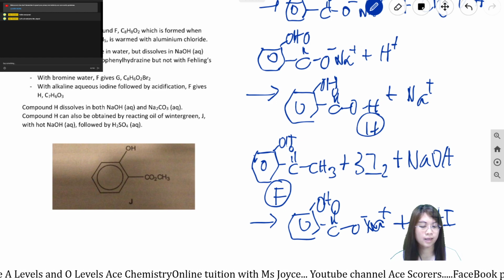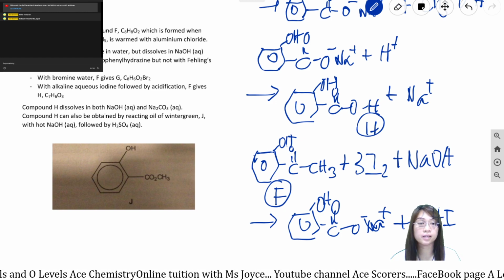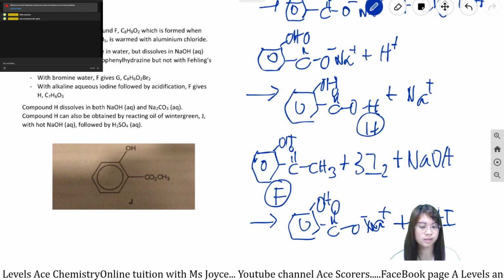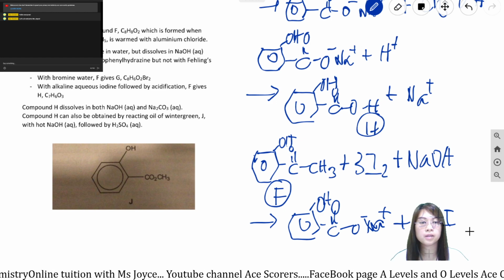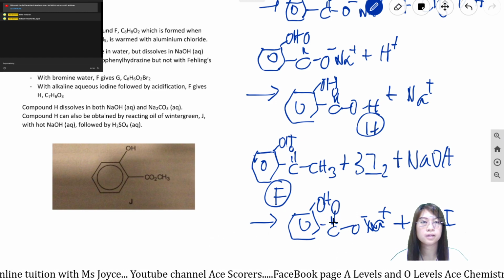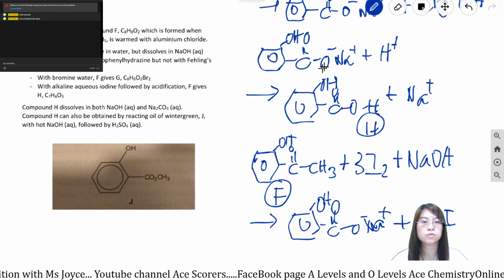Right? And if you look at the structure of this molecule, this compound here, it is similar to this structure.